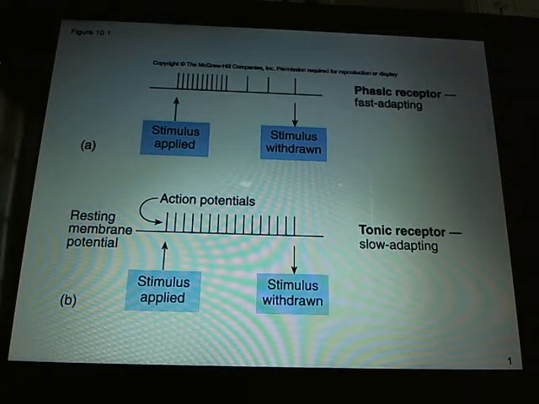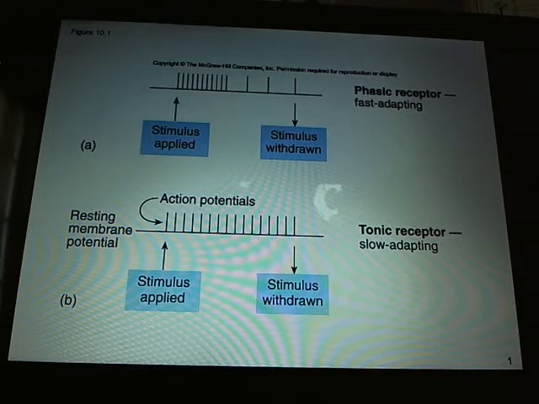After you've been in that room for a few minutes, you don't smell the coffee anymore. That's because your phasic receptors were activated when you walked into the room, but over time they adapt and eventually stop firing. So after a while you don't smell the coffee anymore.